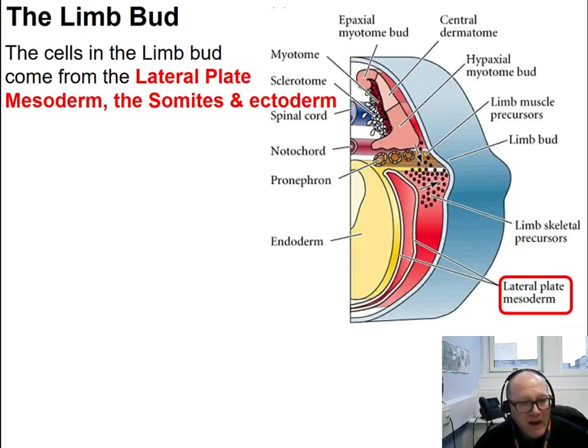We have this triangular structure, which is the somite. In the somite, we recognize, of course, the myotome. And if you remember from a couple of lessons ago, when we talked about somite formation, the myotome is the part of the somite that forms muscles. Below the somite, we have the pronephrons, which are part of the kidney formation; we talked about kidney formation last lesson.